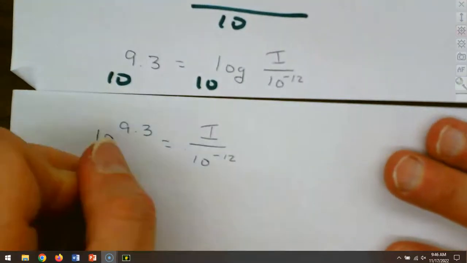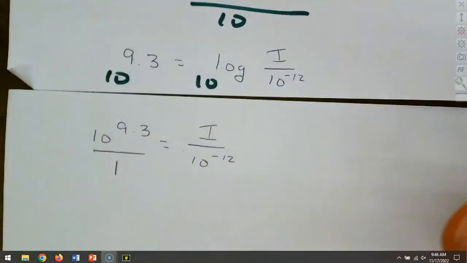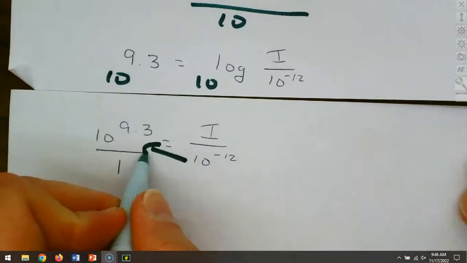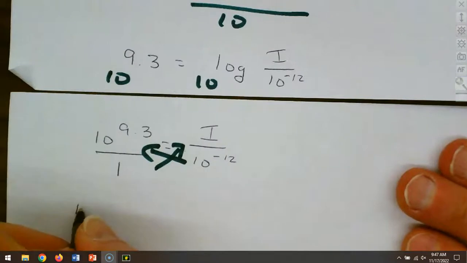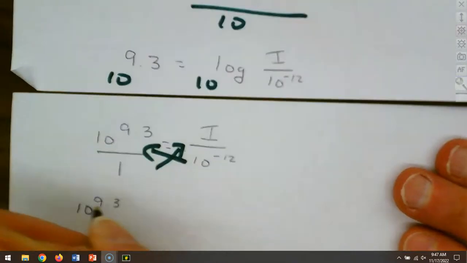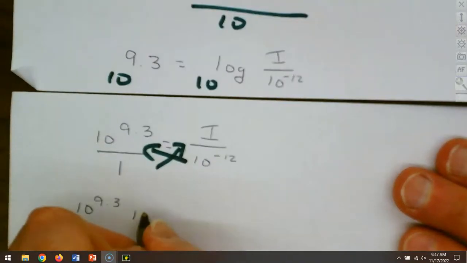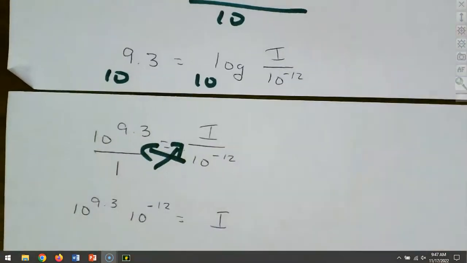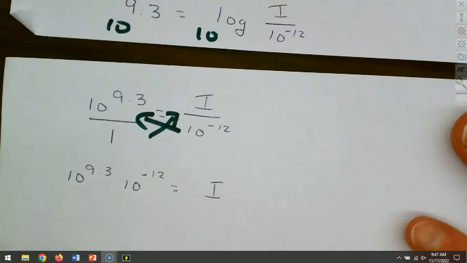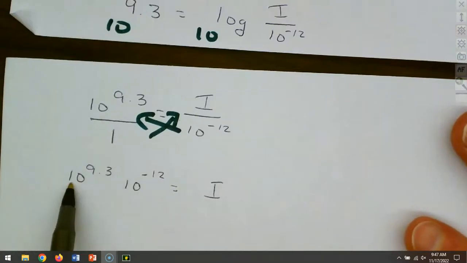What can we now do? Well, we can cross multiply, and then we'll use the fact that we can add these exponents together. So what do we know about these? With our rule for exponents, these bases are the same, right?